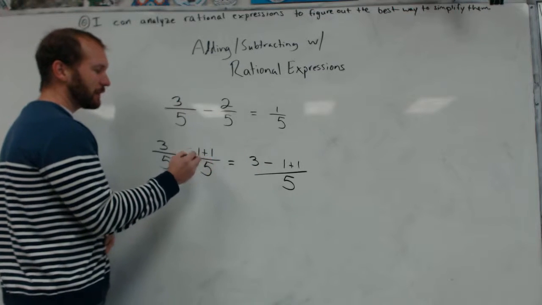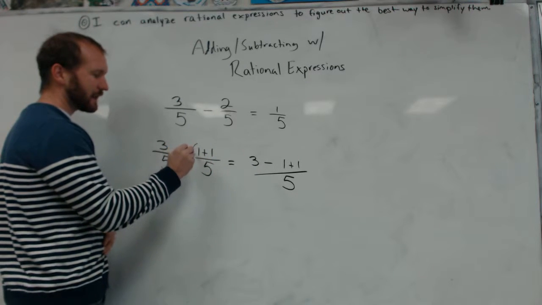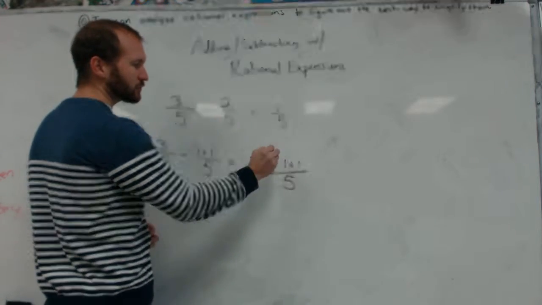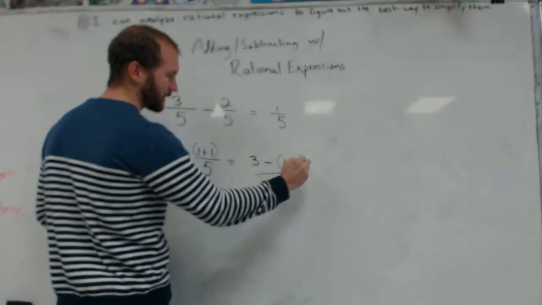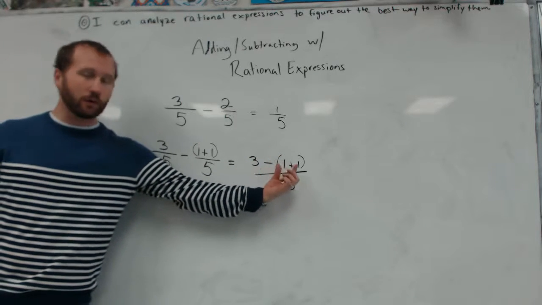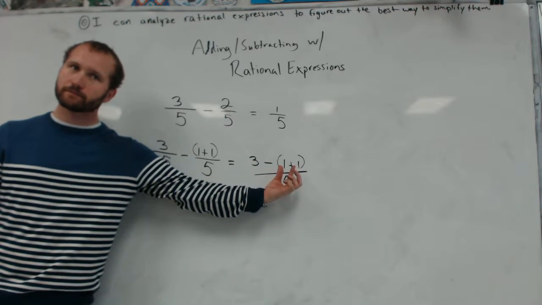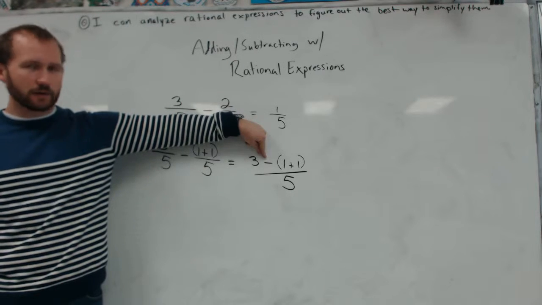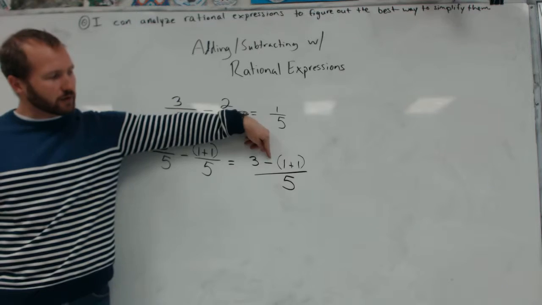The key is to remember that this numerator is technically in parentheses, right? I'm subtracting this numerator. I'm not subtracting 1, I'm subtracting the whole numerator. So what property applies here? I have this negative in front of these parentheses.